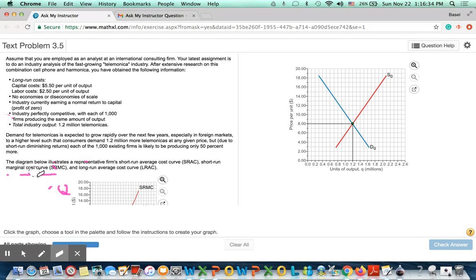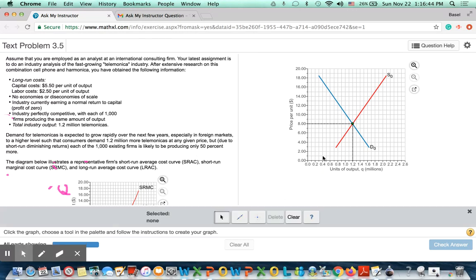So, for example, let's take 2 points. Let's take this point at 8, at this price. So we're producing 1.8. Now demand increased by an additional 1.2. So 1.2 plus 1.2, we should get here 2.4.